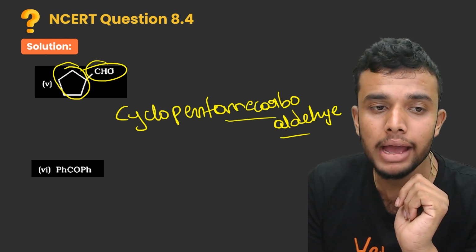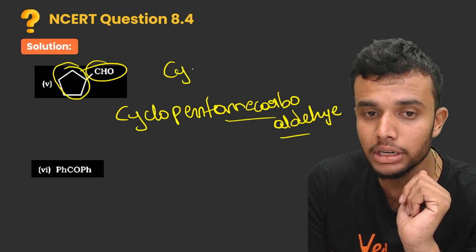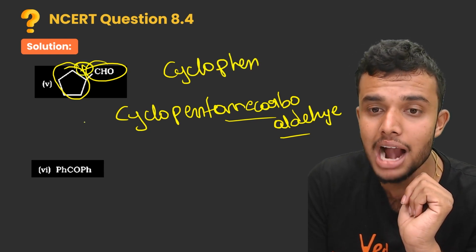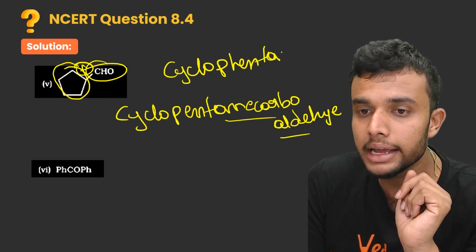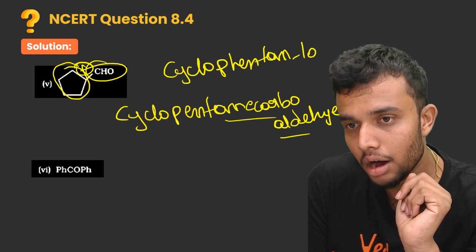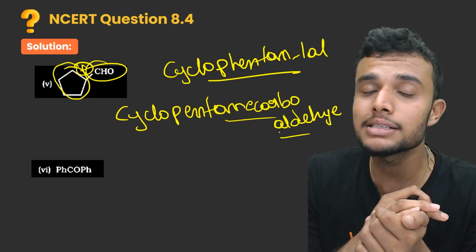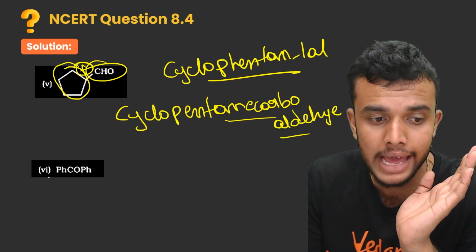Let's move on to the IUPAC name. The IUPAC name of this compound is cyclopentane, at the first position the aldehyde group is there, cyclopentanecarbaldehyde. This is the IUPAC name. Okay, students, don't confuse here. Next, move on to the next one.